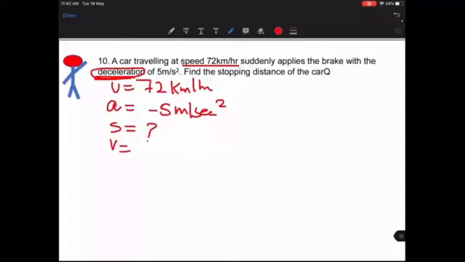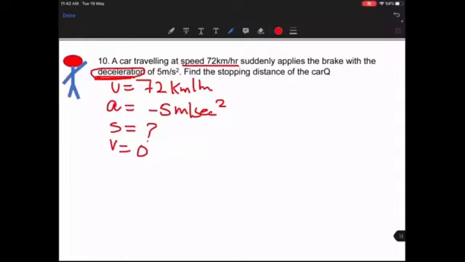It is not given in the question, but you have to work out yourself what the final velocity is, because the car is applying brakes, so eventually it comes to a halt, right? So what is the final velocity? 0. Very nice. So you have the acceleration, you have the final velocity. All you have to calculate is your distance.